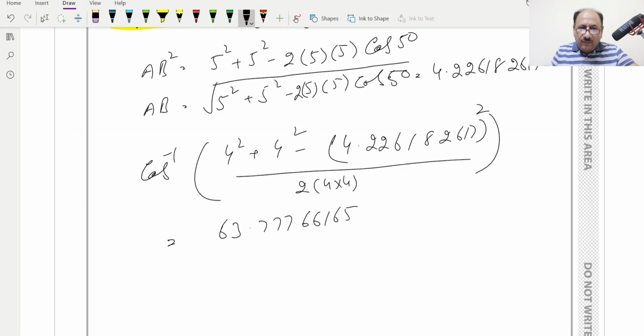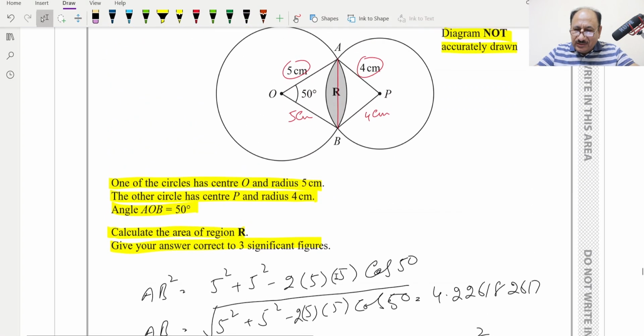Now we can find the area of one sector. First sector will be, we will be taking the area of this sector with a 50-degree angle, and we can check for this one.